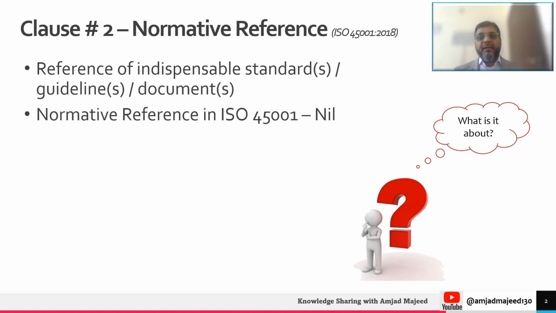They can be guidelines, terms and definitions, standards or specifications. In ISO 45001, if you see clause number 2, there is no reference given to any such document. That means this standard itself is so comprehensive and has all those details which are required to understand and implement the management system effectively.